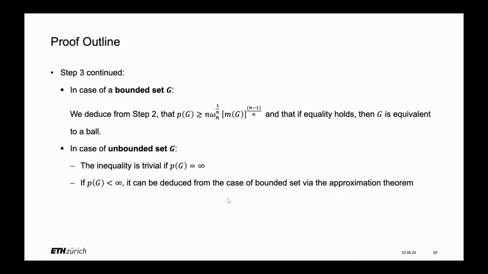And in case of an unbounded set, we are having two options. So the first one is if the perimeter of G is infinite. And here, this is just a trivial case. And for the second one is if our perimeter of G is finite. So what we are going to do, which I didn't show here, is we will use actually an approximation theorem, which would allow us just to repeat our steps from 2 and 3.